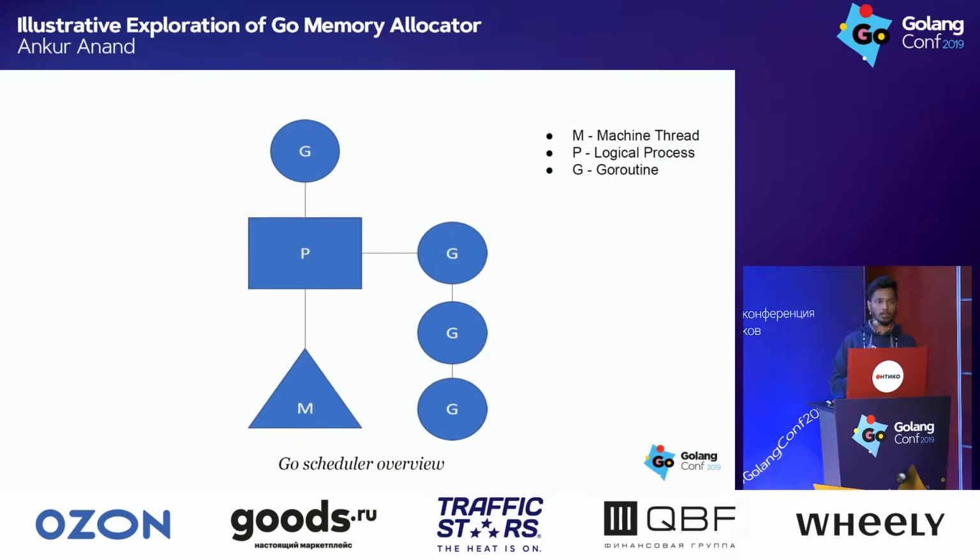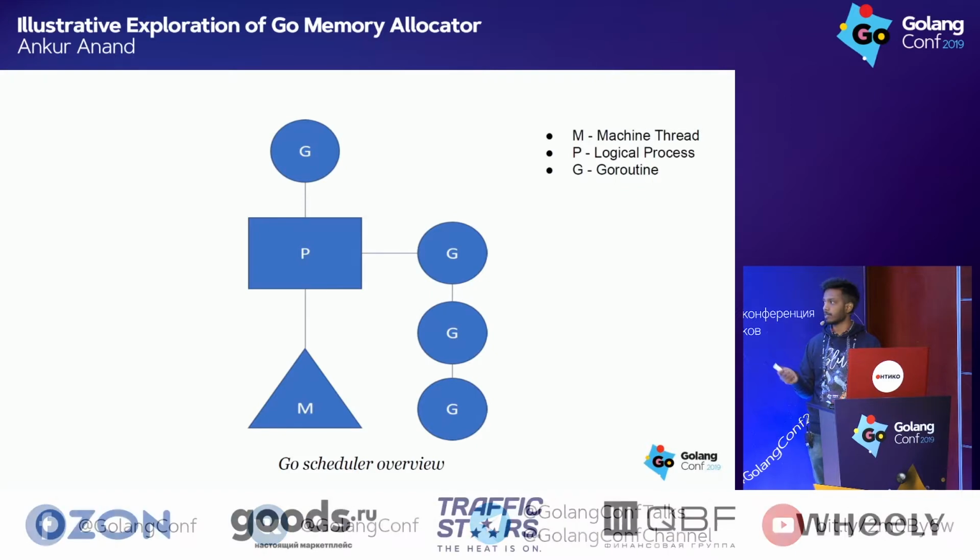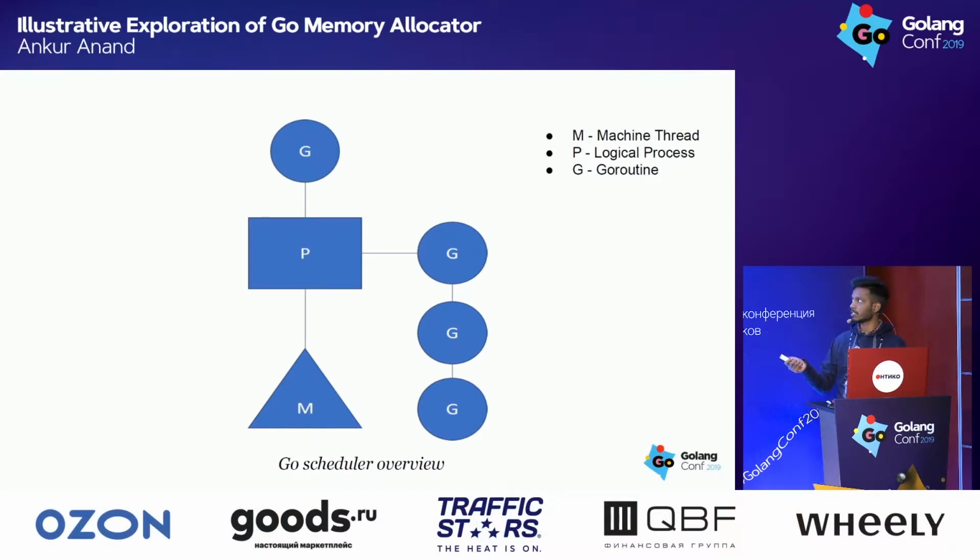Before that, we know that this is the Go scheduler overview, right? All the goroutines run on the logical processor. And it's the job of the runtime to map those goroutines to the native M thread. So M is your system machine thread, G is the goroutine, and P is the logical processor.